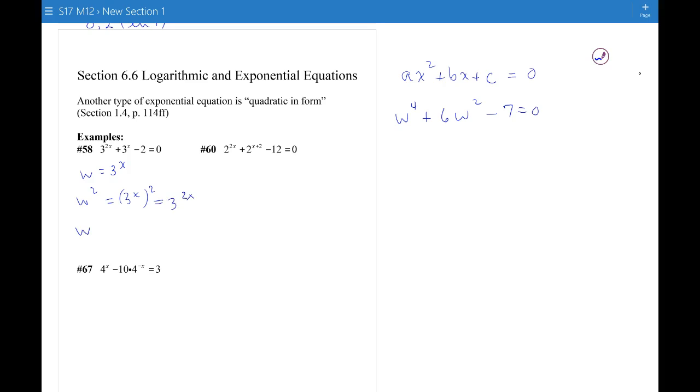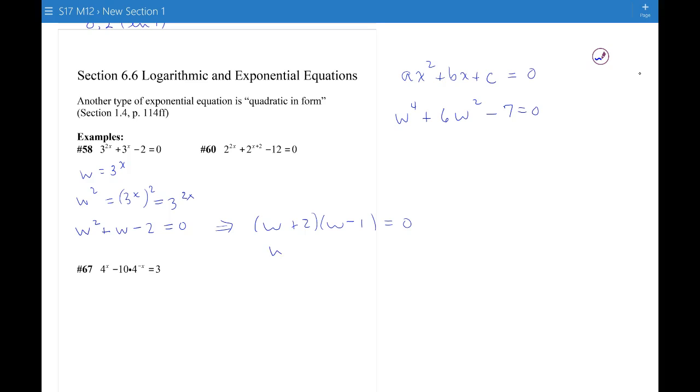So do you see that we can rewrite this as w squared plus w minus 2 equals 0. So we know how to solve this. We factor, and we only have choices of a 2 and a 1. So the 2 must be positive and the 1 must be negative.